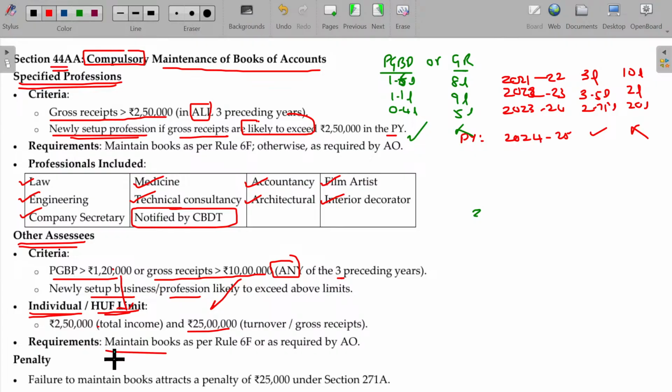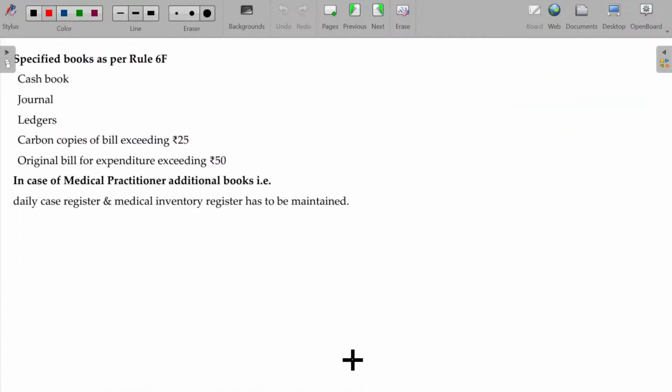Requirements: maintain books as per rule number 6F or as required by the AO. What is that? Rule number 6F is nothing but all the things you prepare in bookkeeping and accounting: cash book, journal, ledger. If you are selling, you have to give the receipts, bill.